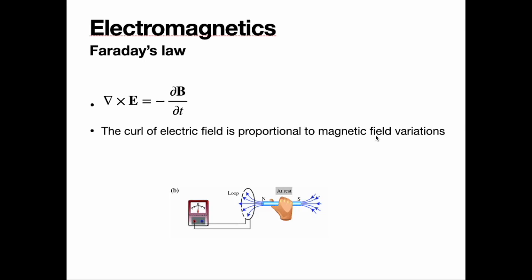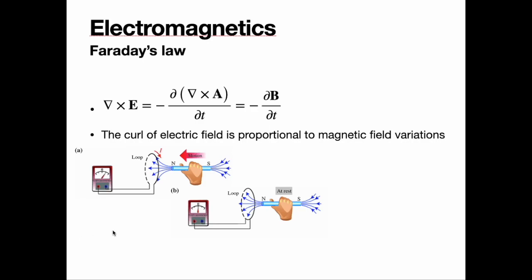What does it mean? It means that if the magnetic field is not changing, so now think you're holding a magnet here, and you're not moving it. Here there's an electrical loop, and here there's a measurement device. The magnetic field is static, so it exists, but it doesn't change inside the loop because you're not moving the hand. Nothing is happening.